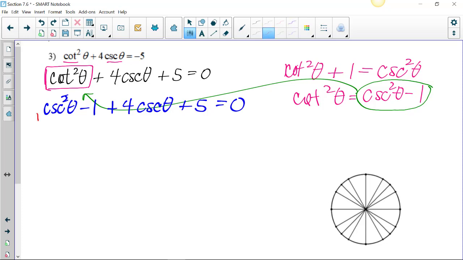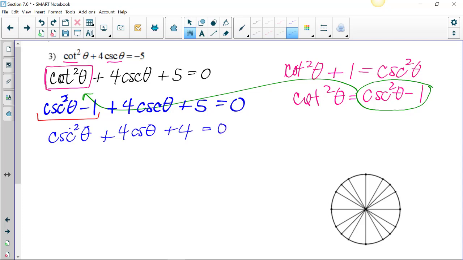So I've done my substitution, and now once again I can see one trig function, it's quadratic, put it in descending order, combine like terms, and then either factor or use quadratic formula. So we end up with cosecant squared theta plus 4 cosecant theta plus 4, since negative 1 plus 5 is 4.